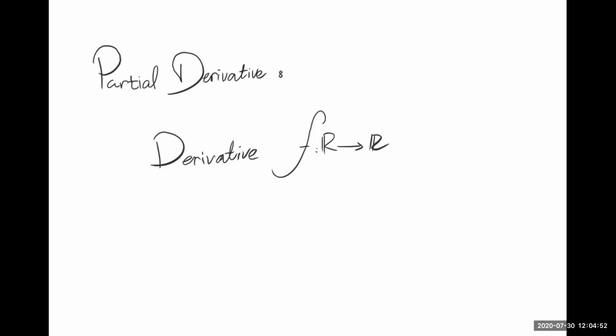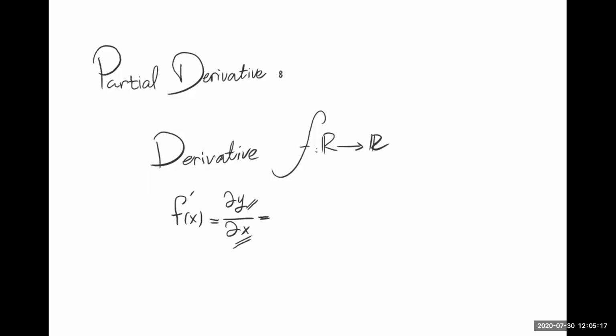So derivative, which we show with usually f prime of x, or dy/dx, means it's kind of the rate of change of the function f with respect to x, okay? So it means if I change x a little bit, how y is going to change.